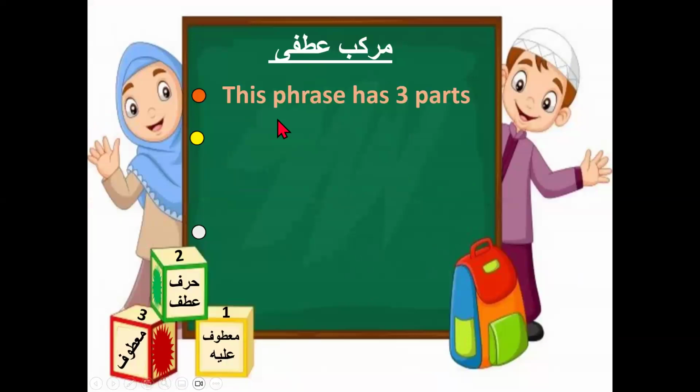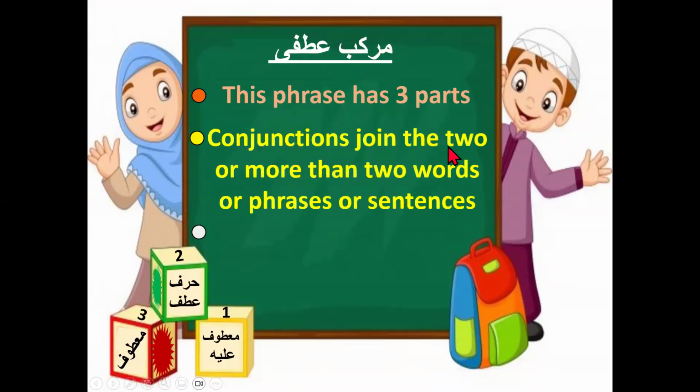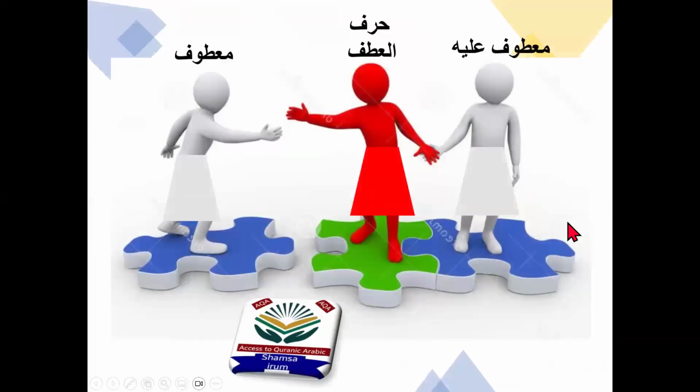All right. Now let's move toward the second part of the Murakab Atfi, the second rule of the conjunctive phrase, which is that conjunctions join two or more words, phrases, or sentences. So how it will join, I will explain here now. Look, Harful Atf is joining the ma'tuf with the ma'tufun alay.